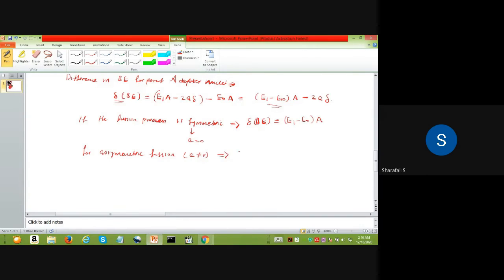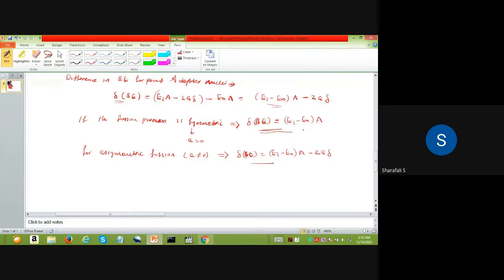In such cases, the delta in binding energy will be the same as the above expression, E1 minus E0 times A minus 2A delta, because your delta is not 0 now. So considering these two equations, for symmetric fission you have E1 minus E0 times A. For asymmetric fission, we have E1 minus E0 times A minus 2A delta.